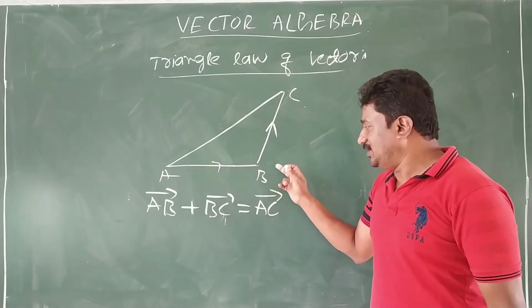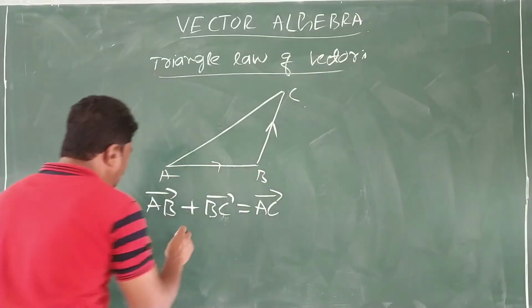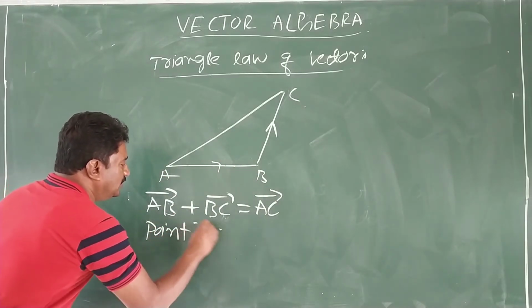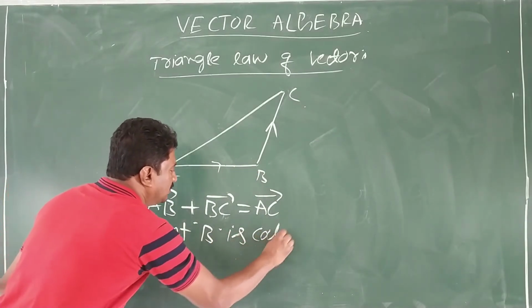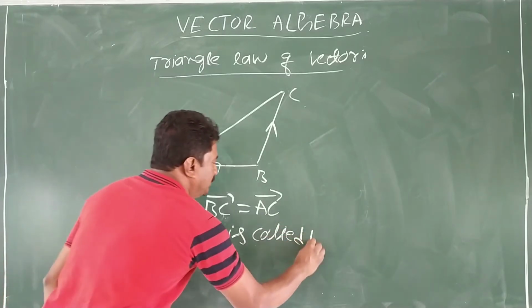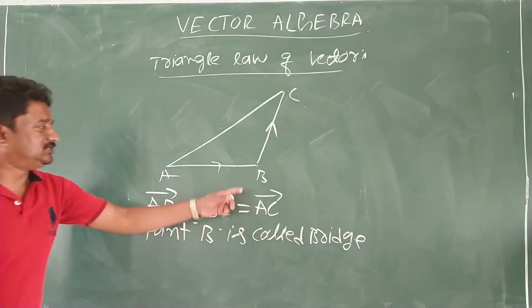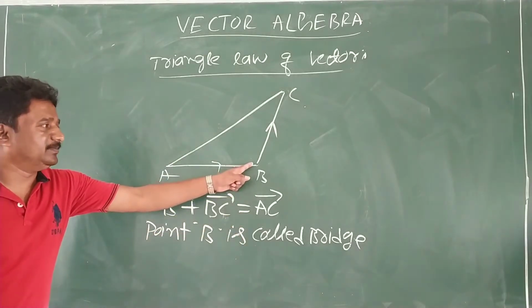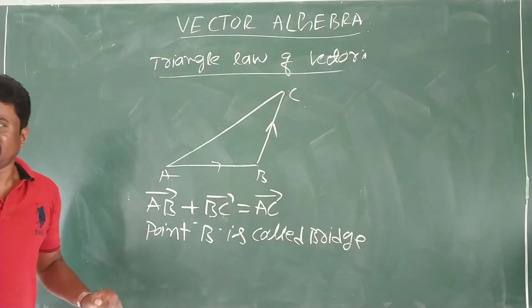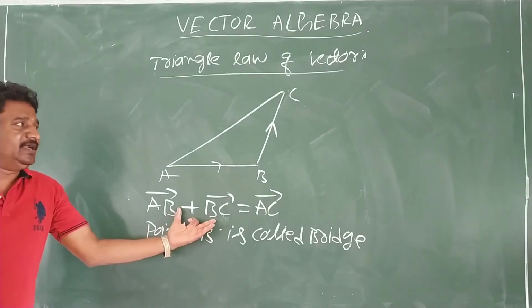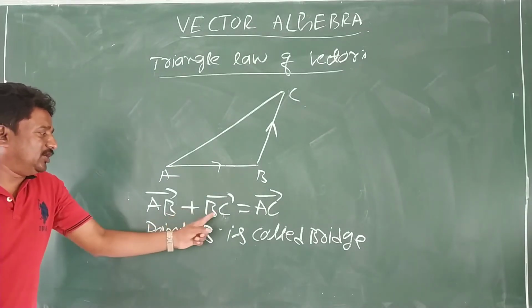Point B is called a link, a bridge. Bridge means connector.